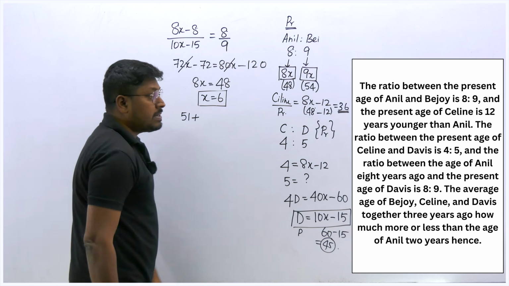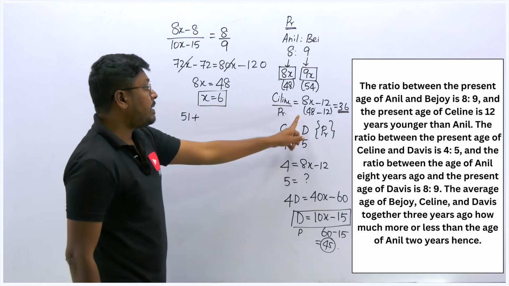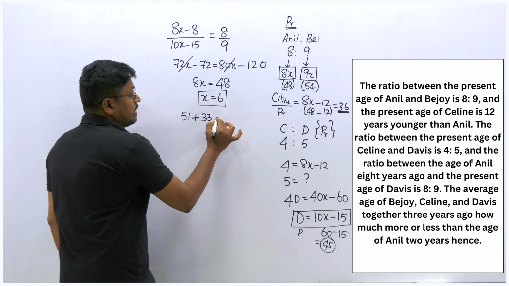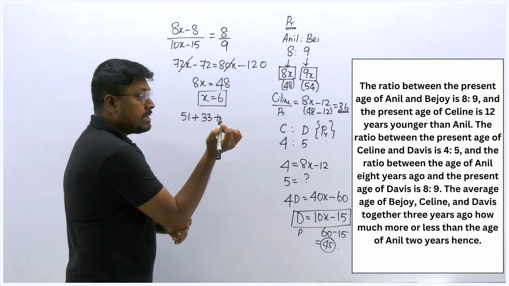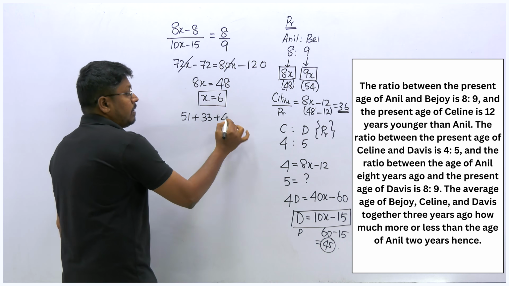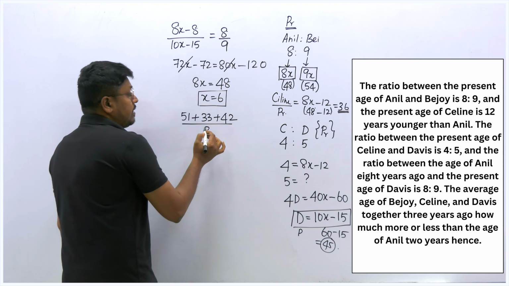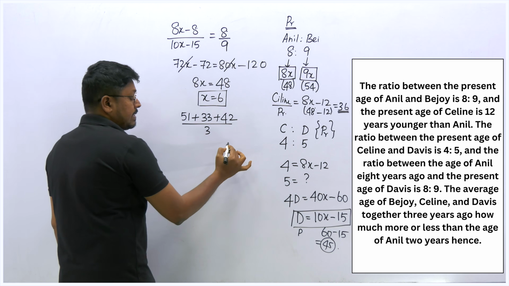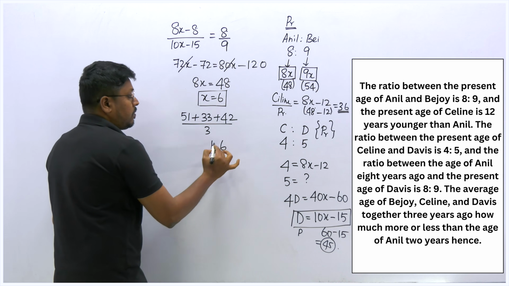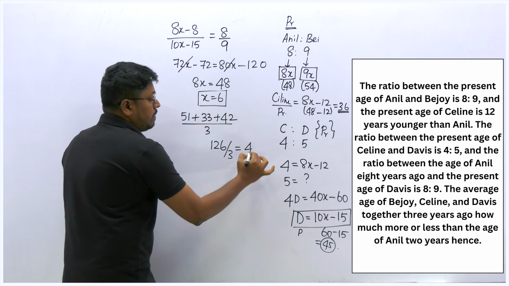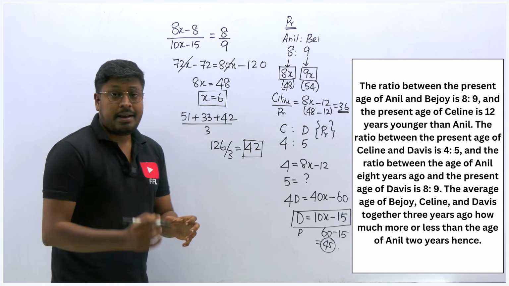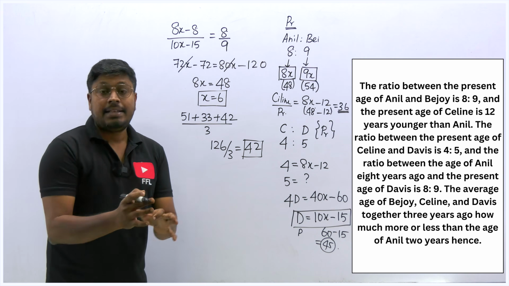Silen's present age is 36; 3 years ago, 33. The last person, Davis, is 45; 3 years ago, that will be 42. The total is 126, divided by 3, which will be 42. So 42 is the average age of all 3, 3 years ago.